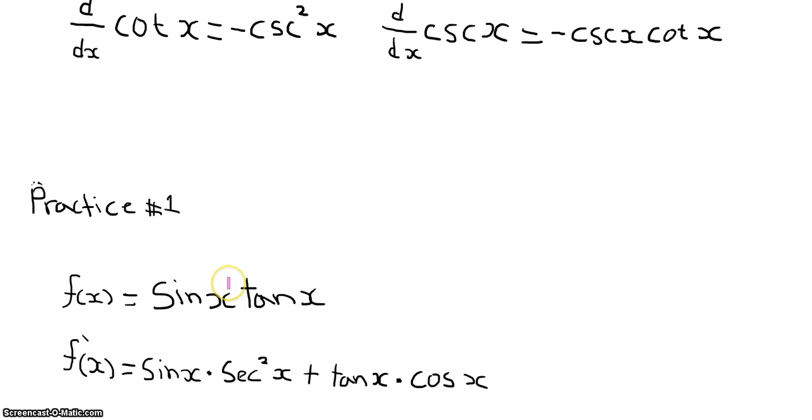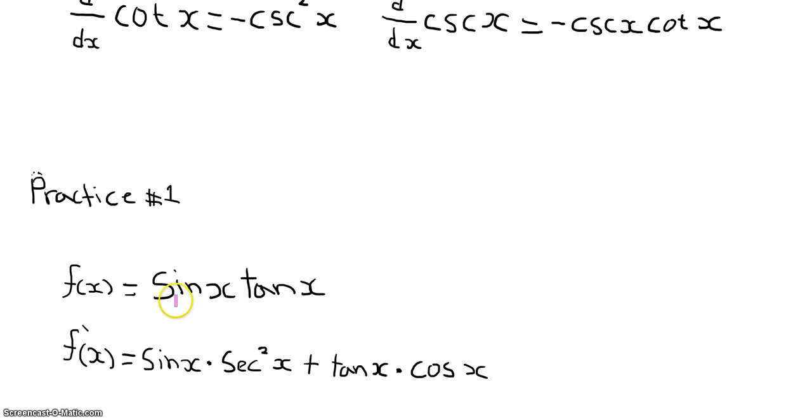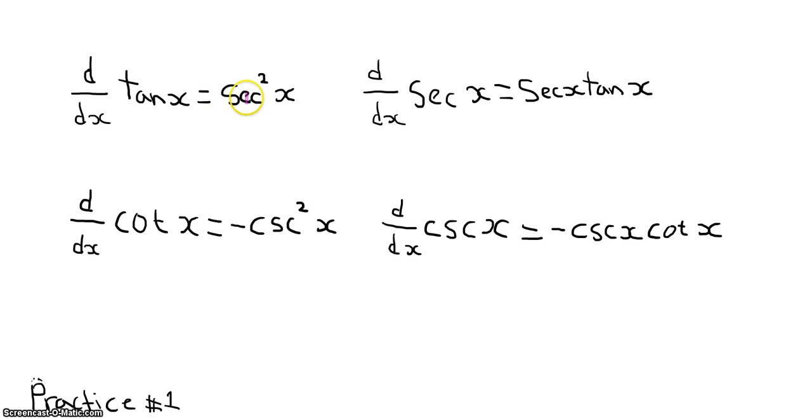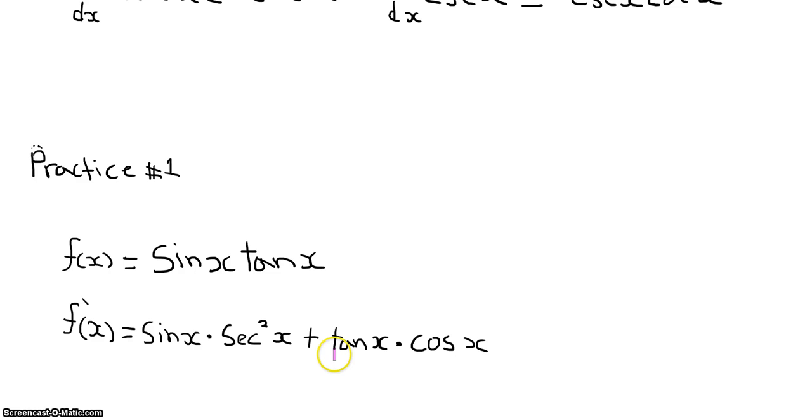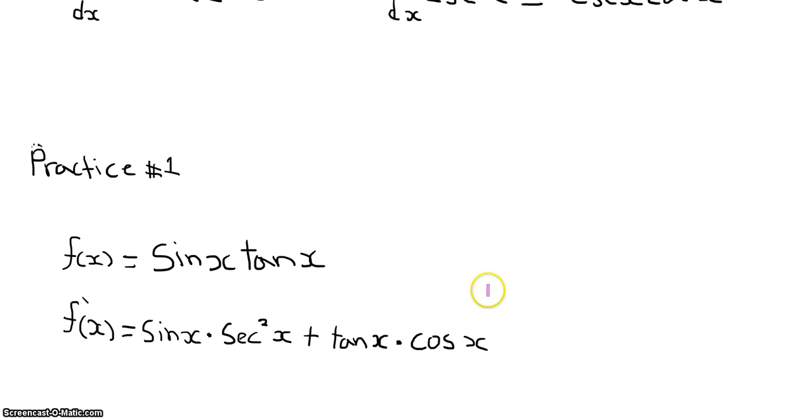So we can go ahead and use the product rule: take f of x multiplied by the derivative of g of x, where g of x is tan x, so it's going to be secant squared x, like we saw here. And then all of that's going to be plus g of x multiplied by f prime of x, which, if f of x is sine x, means the derivative of sine x, like we learned, is cos x. So this will be your final answer.